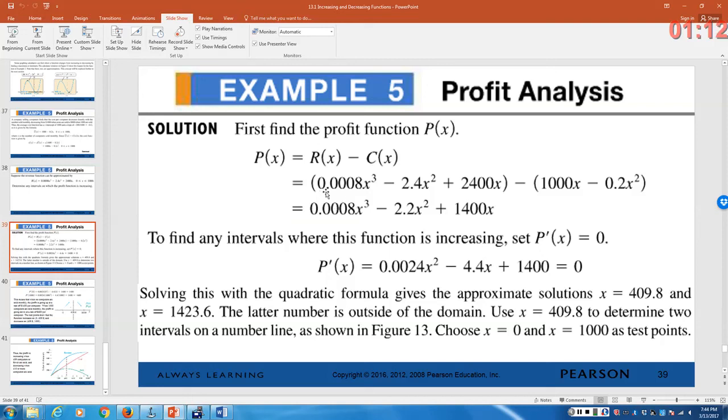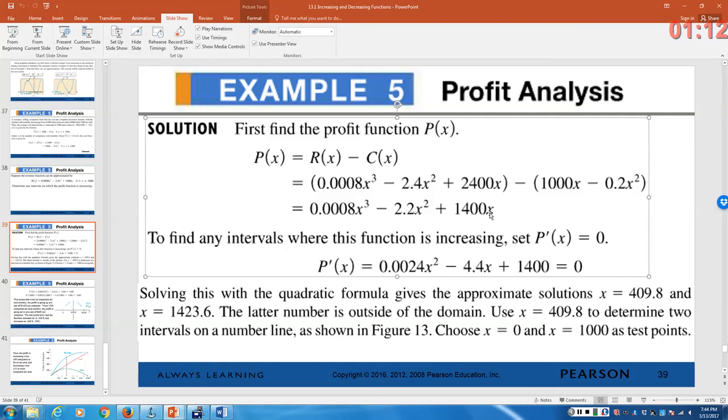So this is 8 ten thousandths x cubed minus 2.2 x squared. That is not a typo: negative 2.4 x squared, minus times minus is plus 0.2 x squared, which is where the 2.2 x squared comes from. And then 2400x minus 1000x gives 1400x, and it's still positive.